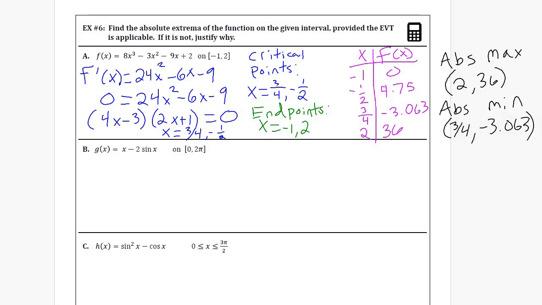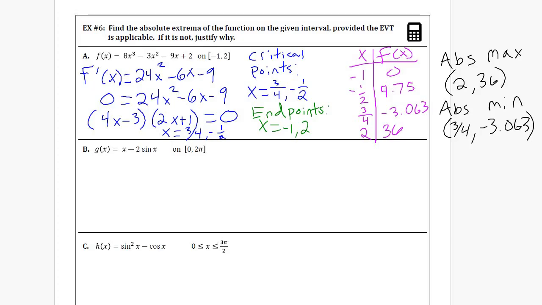Now it is important, sometimes they're going to ask you the location of your absolute mins and maxes, and that's going to be an x value. If they ask what is the absolute minimum value or the absolute maximum value, it's actually asking for the y value. Here it's just asking for the extrema, so I'm going to list them as a point.